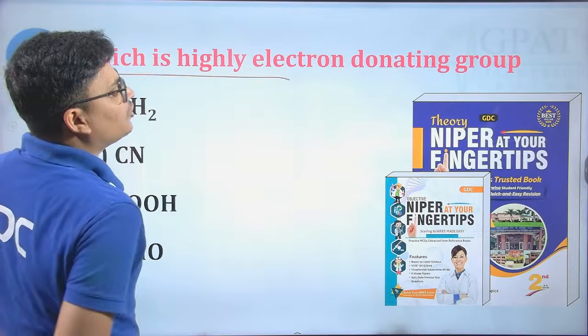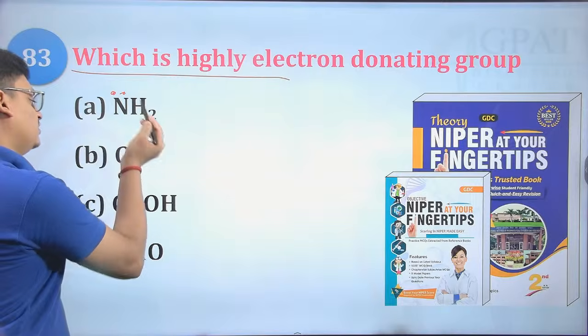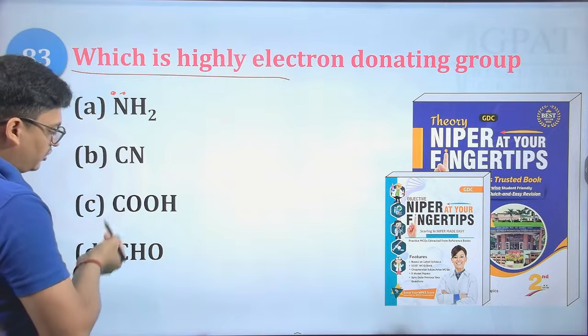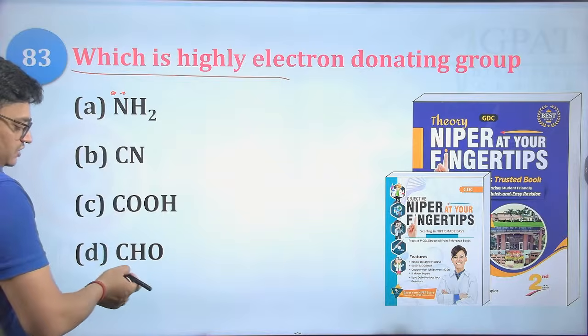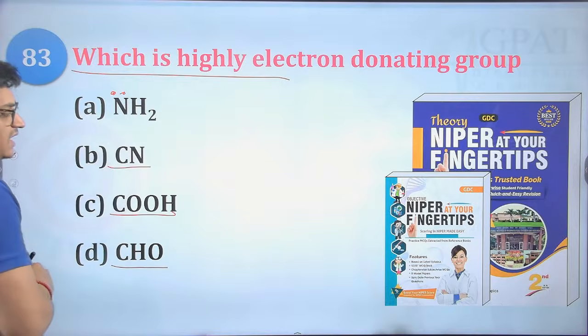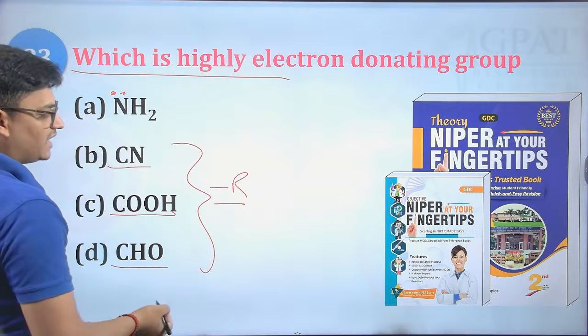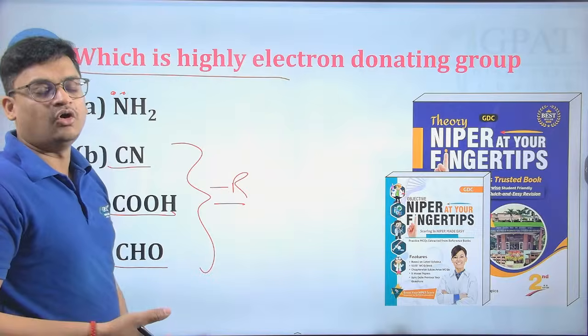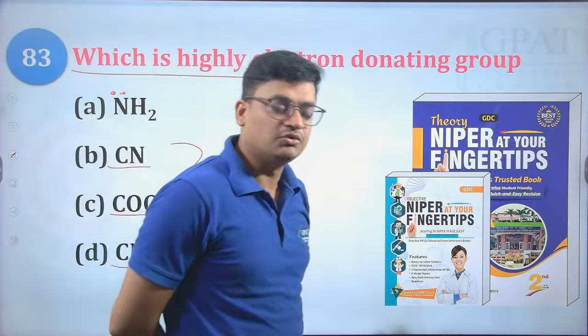Which one is the highly electron donating group? Here we have an NH2 group, an amine group. Then we have the C triple bond, C double bond O OH group, and C double bond O H group. So these are nitrile, carboxylic acid, and aldehyde. All these groups are termed minus R groups because they have a minus R effect. They always pull electron density from the conjugated system towards themselves.